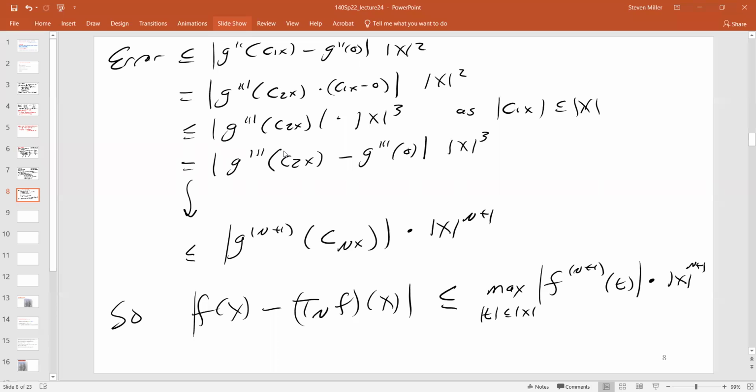If x is of size 1/10 and n equals 9, then the error is some constant times 1 over 10 to the 10. Now, if the constant is the amount of money that Elon Musk is offering to pay for Twitter, then that is enough to overwhelm the error.